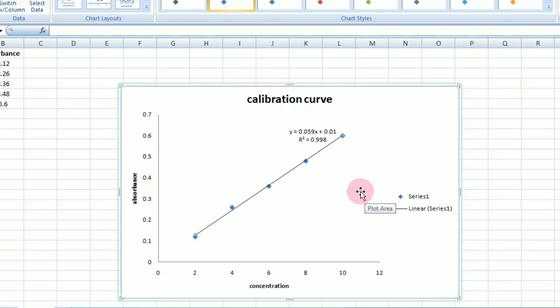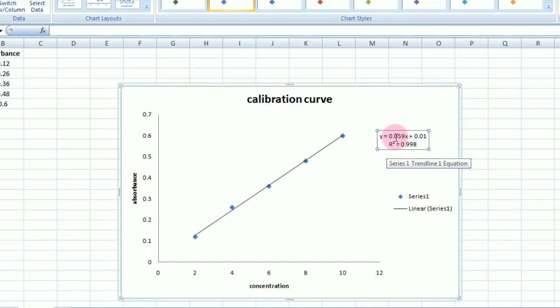So here we have the calibration curve, a straight line which usually passes through the origin when we draw manually, and this is the regression equation and R square value. The regression equation follows the y equal to mx plus c pattern, where m is the slope and c is the intercept.